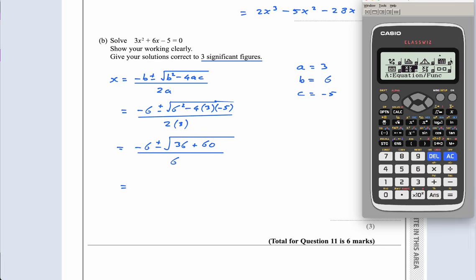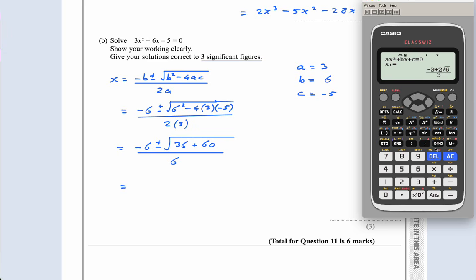Then if you go into this equation and function, which is a, and then polynomial is 2. The degree of the polynomial is 2 because it's a quadratic. And then you write down here, what is a? Well, a is 3. What is b? b is 6. What is c? c is -5. Press enter and it gives you this.